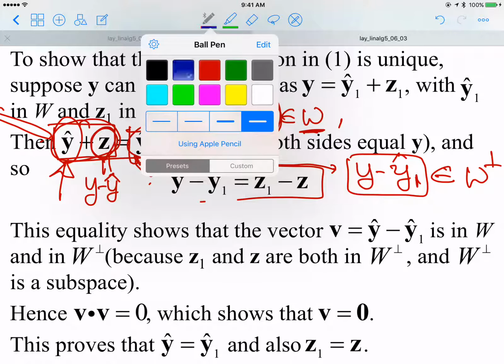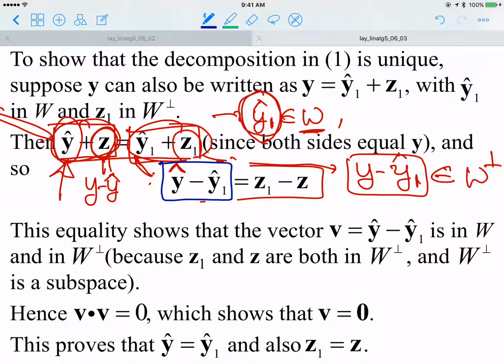Then this y hat minus y1 hat, each of y hat and y1 hat belong to W, right? We subtracted the two vectors where both are picked up from our W. Since our subspace is closed under linear combination, this guy still belongs to W. So y hat and y1 hat are both picked up from W, and then we linearly combine them by having y hat minus y1 hat.